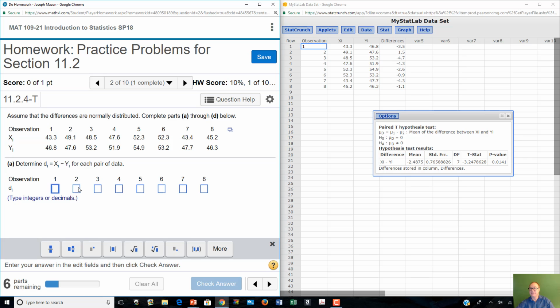So the first difference is negative 3.5. Second difference then is 1.5. Negative 4.7. Negative 4.3. Negative 2.6.